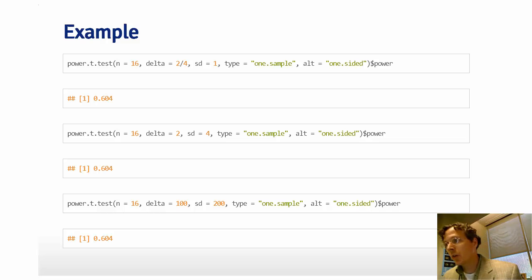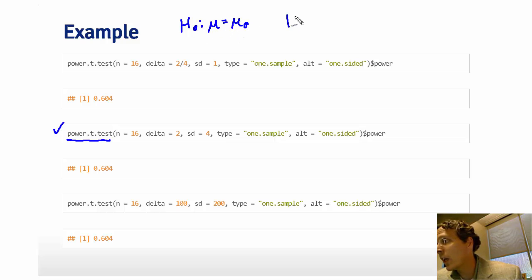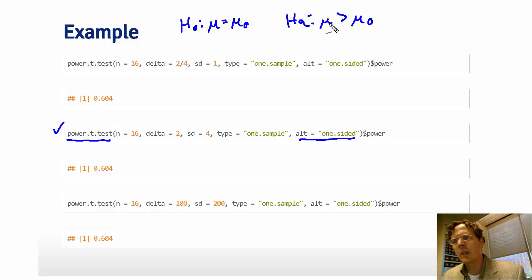Okay, let's go through a couple examples, and I'm going to point to this middle one here first. I'm doing power.t.test, so it's calculating t-test power. We're testing h naught, mu equal to mu naught versus ha, and then the question is whether it's doing a one-sided or two-sided test. Well, in this case, you can see here I've always specified alternate equals one-sided, so that's mu greater than mu naught is what it's testing, or equivalently mu less than mu naught if you appropriately specify the difference in the means as negative.